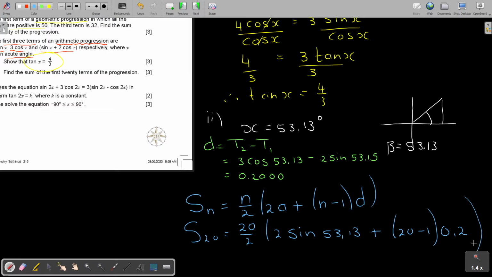That's what you're going to multiply with. And then basically you're just going to press everything in your calculator. You can start with the bracket. Say 2 multiply sin 53.13 plus bracket 19 multiply 0.2, close the bracket, equals, and this is going to be 10.